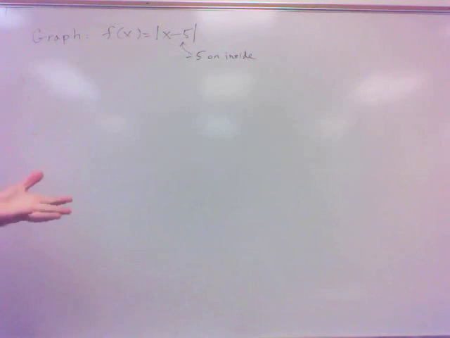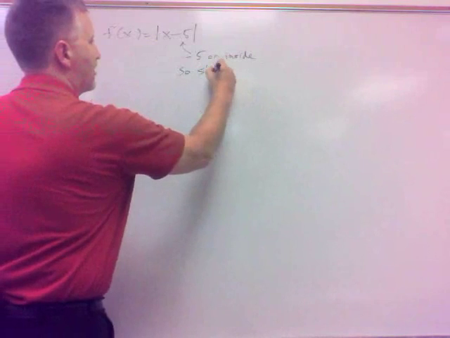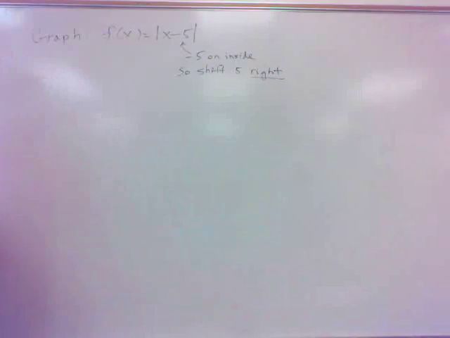If it's on the inside, we call it a horizontal shift, and the minus, that one's the one where it might go opposite what you might think. Minus goes which way? Goes to the right. Horizontal shift, right or left, minus goes to the right.